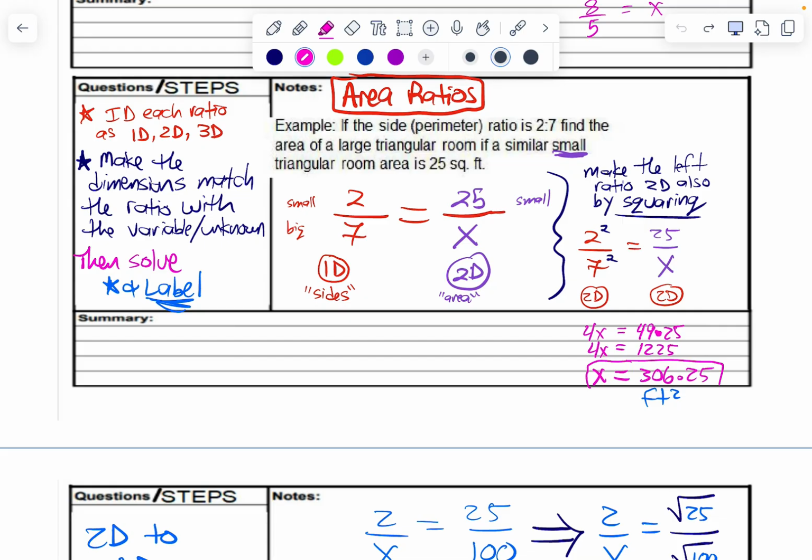But by valid, I mean it's like small to big, etc. Like that part has to stay constant. And then we scaled. So in the first example, we had a variable that was 2D, so we had to scale our 1D ratio up to match it. So we did that by squaring both of the left sides, and now it's 2D. And then we just solve like usual.